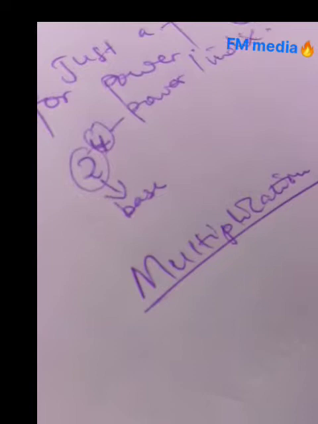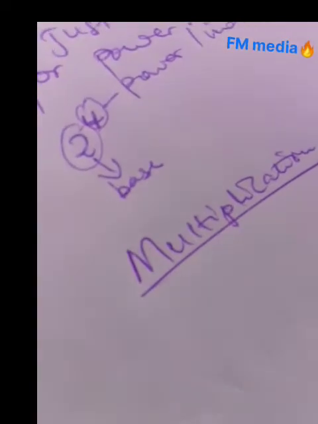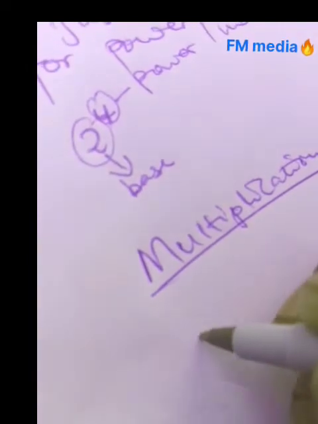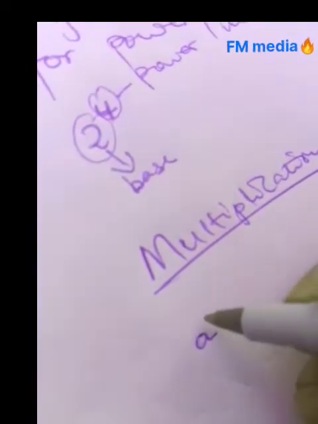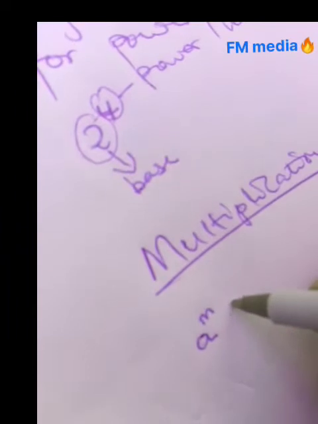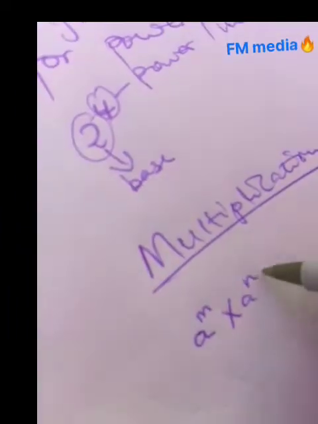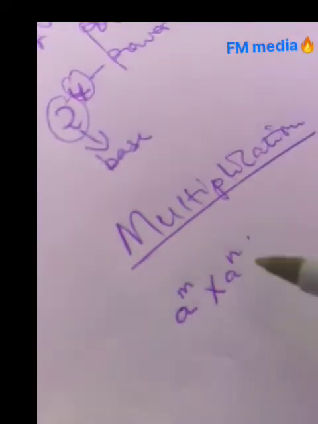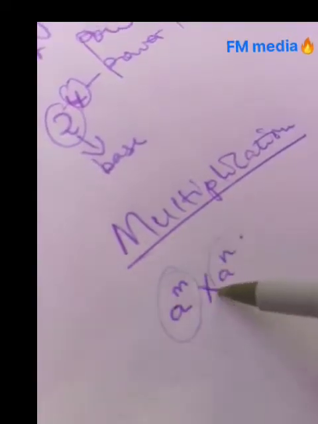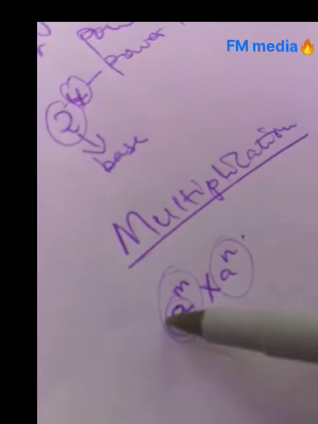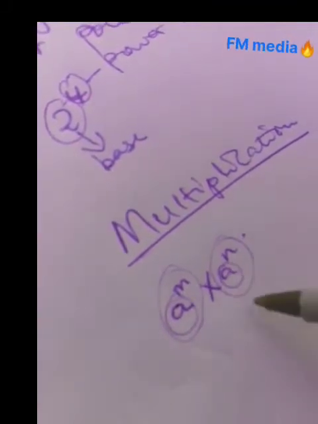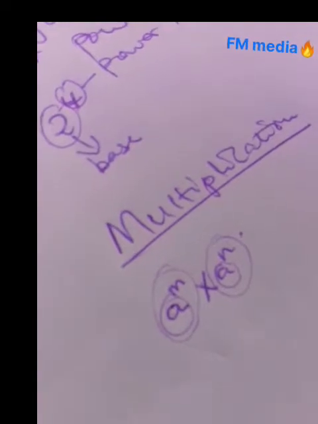Multiplication rule. Let me show you the rule. Let's say we have a number a to the power m times a to the power n. Our rule tells us that if we have a number like this, multiplied with the same base, we have to maintain that base and add the powers.